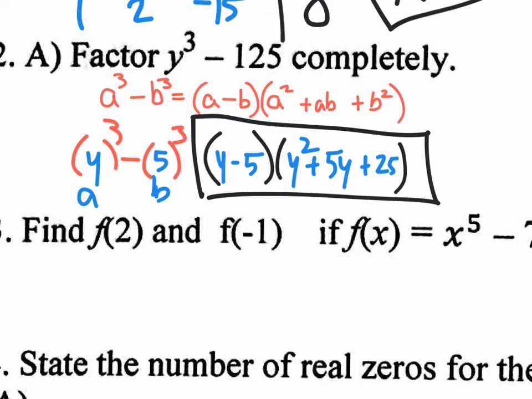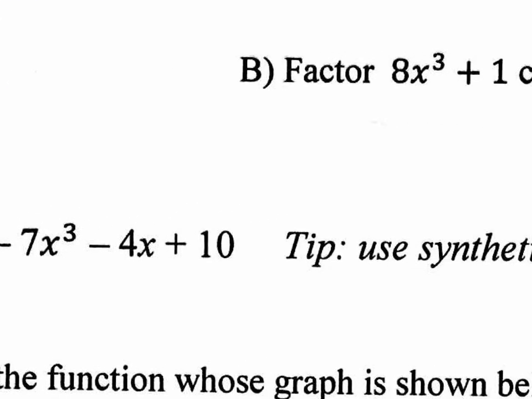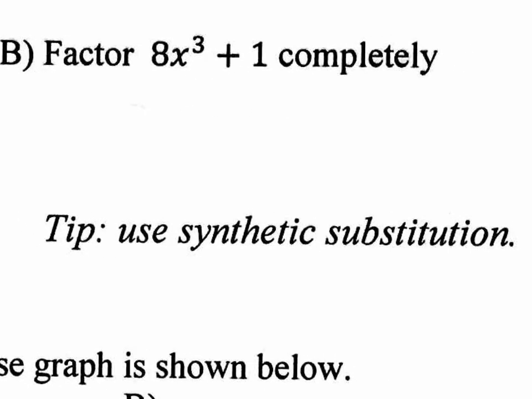Okay? Now if we look at part B, it's the same type of thing, but instead of difference of two cubes, it's sum of two cubes, right? So the sum of two cubes is the same exact thing as the difference of two cubes. Let's say a cubed, but instead of a minus, it's a plus. You could clearly see that it's a plus sign right there instead of minus. So a cubed plus b cubed, what is the formula?